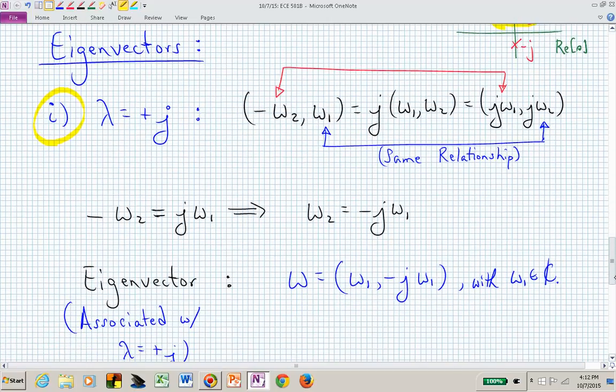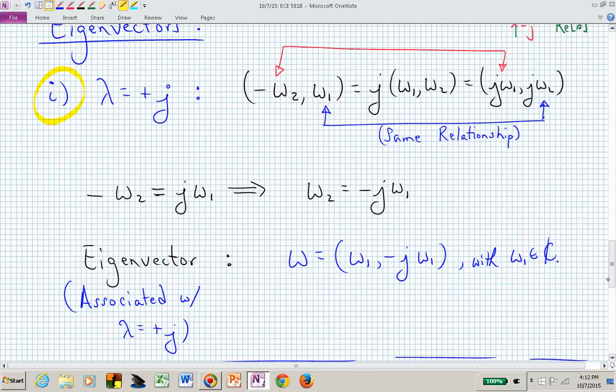The eigenvector associated with the eigenvalue of plus j can now be written as W is the first coordinate, W1, and the second coordinate is W2, which we just found is minus j W1. You now take W1 as a complex number, and that gives you your eigenvector associated with the eigenvalue of plus j.